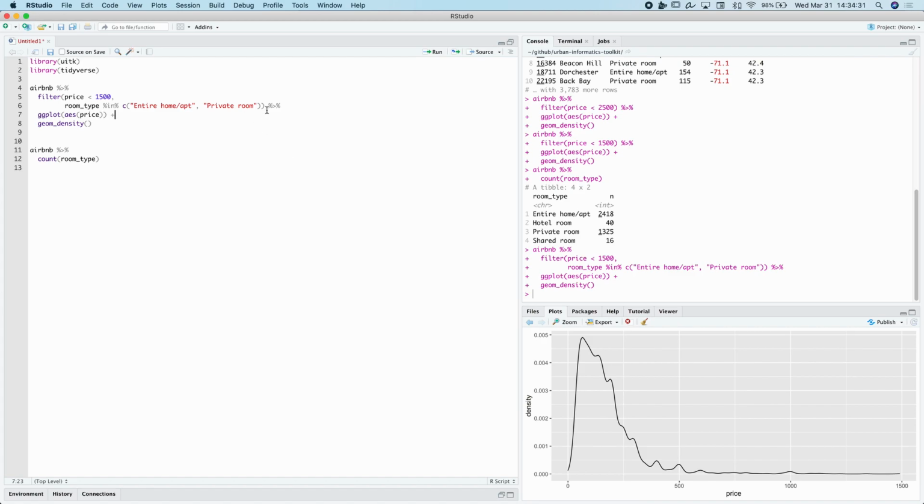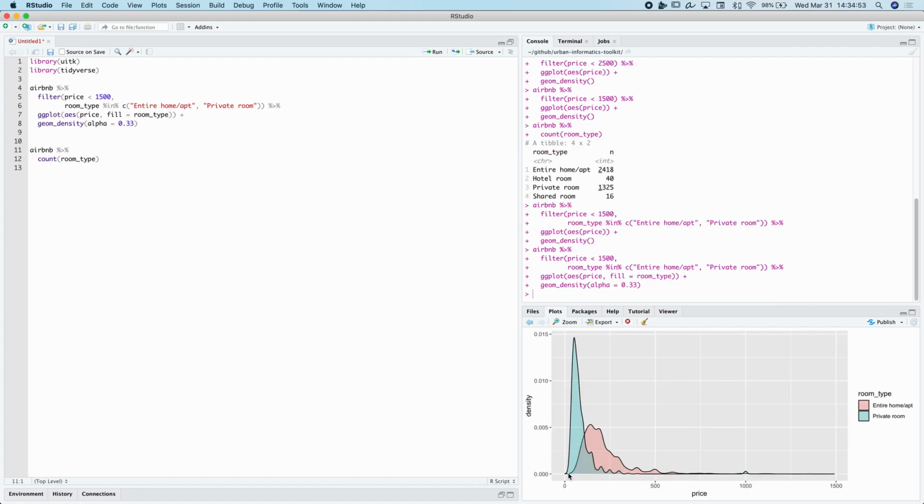Okay. So this is the distribution for all observations, right? What happens if we break it out and look at the distribution based on the room type? Let's set the transparency to about, I don't know, I like to do 1/3, so we can see some overlap.